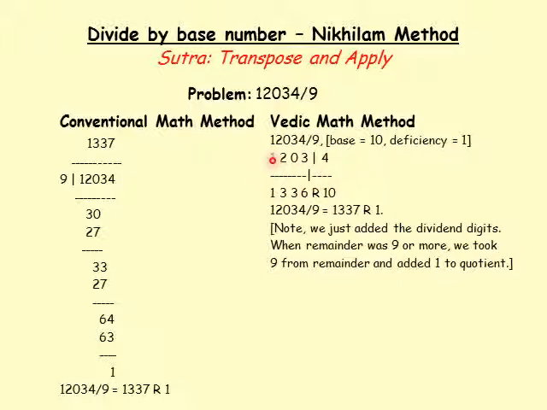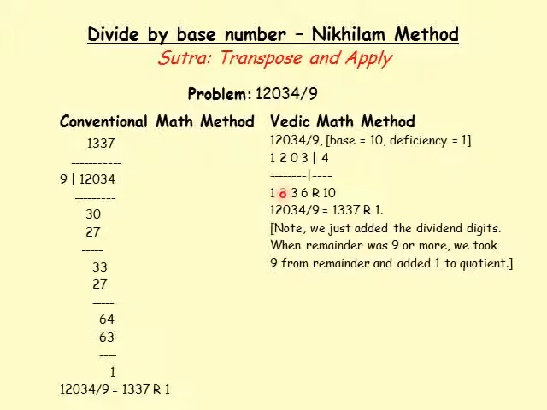But we are actually dividing by 9 instead. So for that, the adjustments are: first bring down the first leftmost digit of the dividend, that's 1, the leftmost digit of the quotient. The next step is to add this quotient digit to the next dividend digit. 1 plus 2 becomes 3. 3 is our next quotient digit.